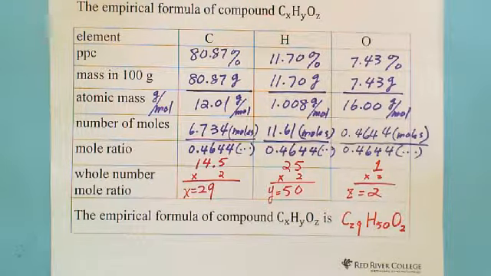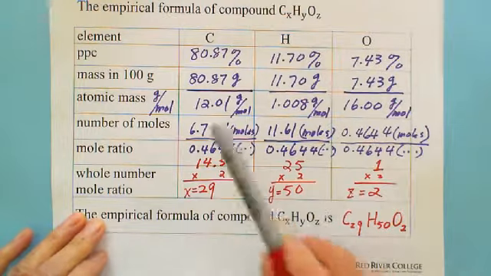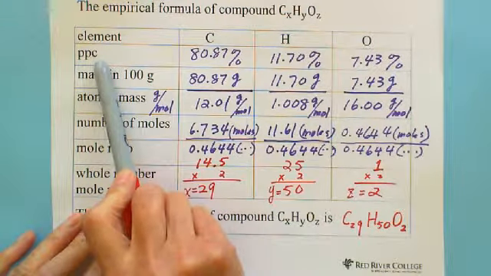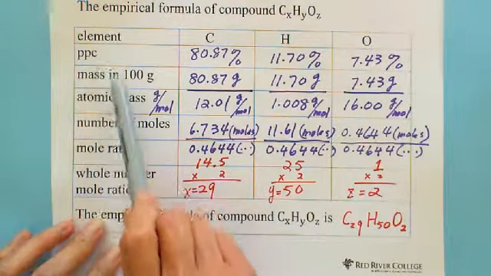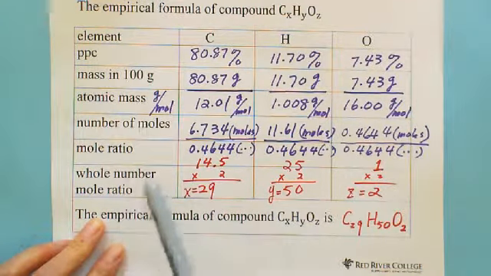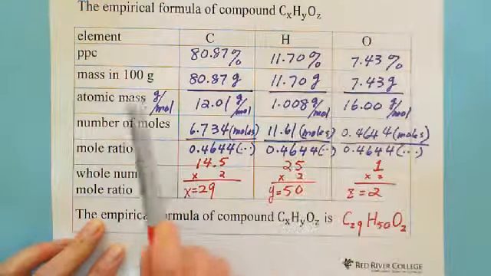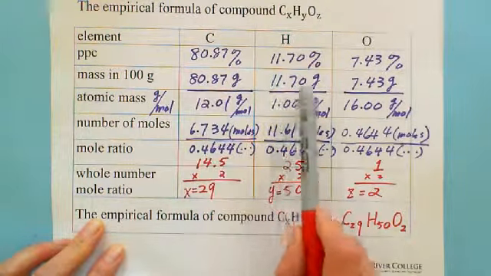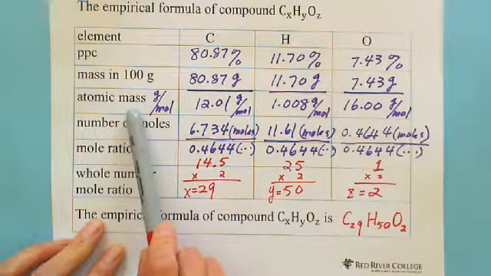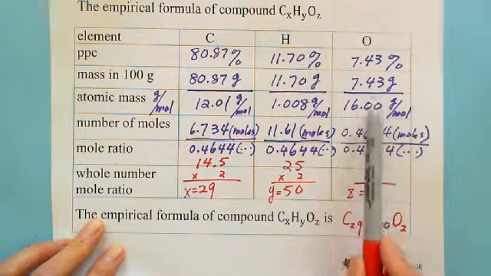So in short, the steps are: from the given percentage composition, find the mass in 100 grams and divide by the molar mass of each element.